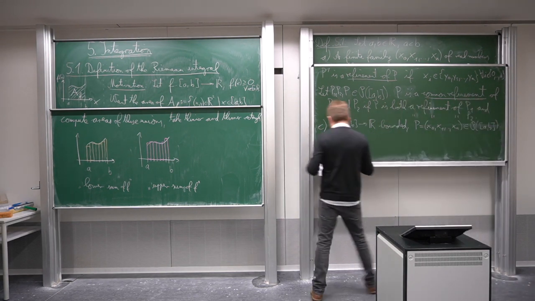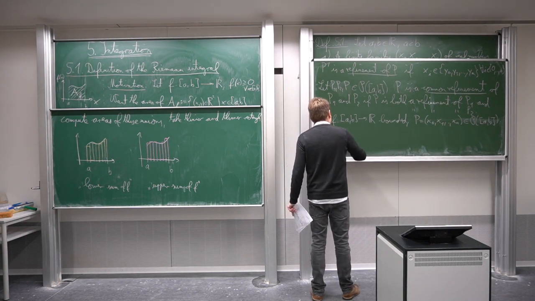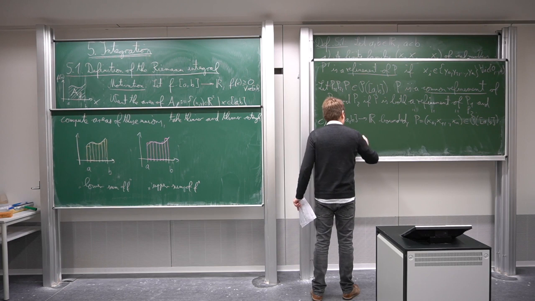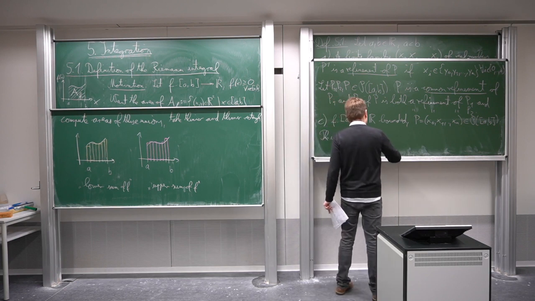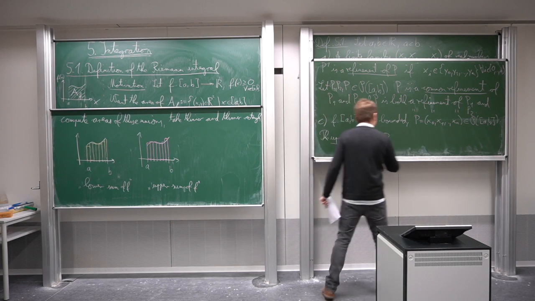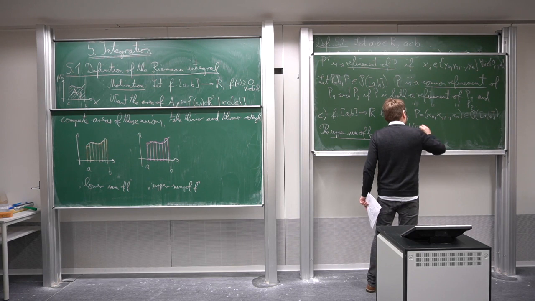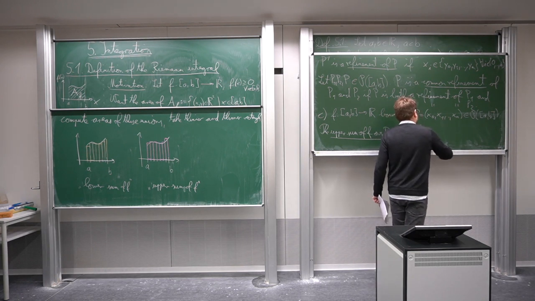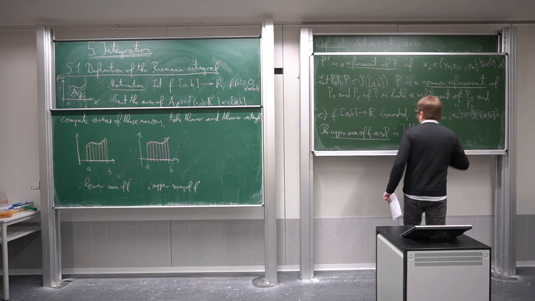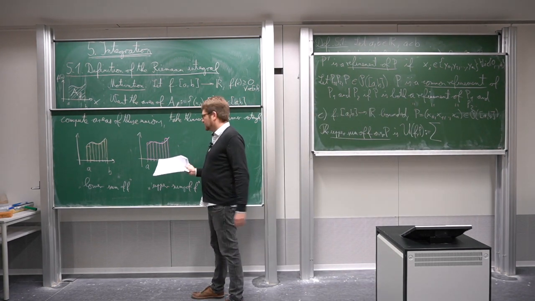Then the upper sum of f over P is the following. We denote this by U(f, P), and this is defined as the sum. And now we have to take the areas of these different rectangles here.